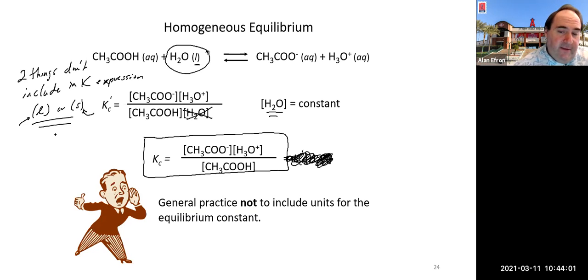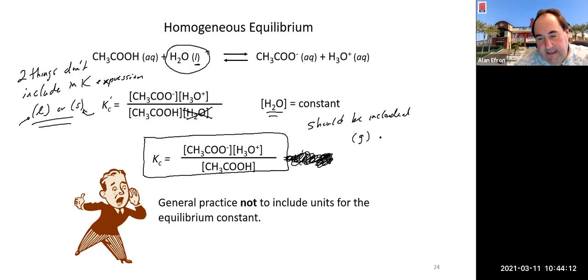What does that leave us as to what should be included? Well, that leaves us two things: things that are gases and things that are aqueous. And just in case you don't remember the difference between aqueous and liquid: a liquid is a pure liquid by itself, like just pure water.